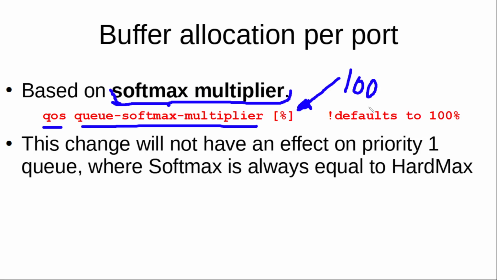So if you want to influence DTS into providing more buffers to your ports, you can, for instance, increase this to 150 or 200.